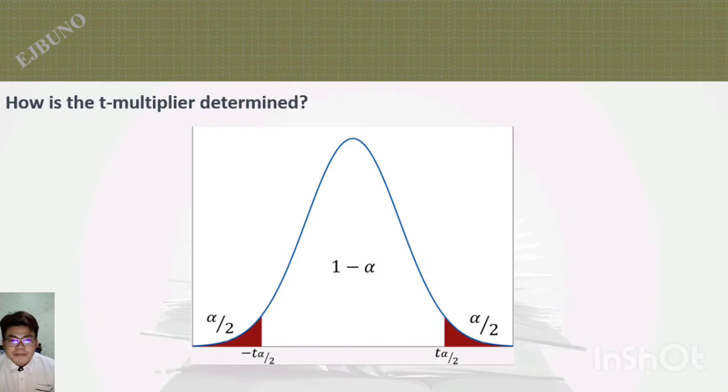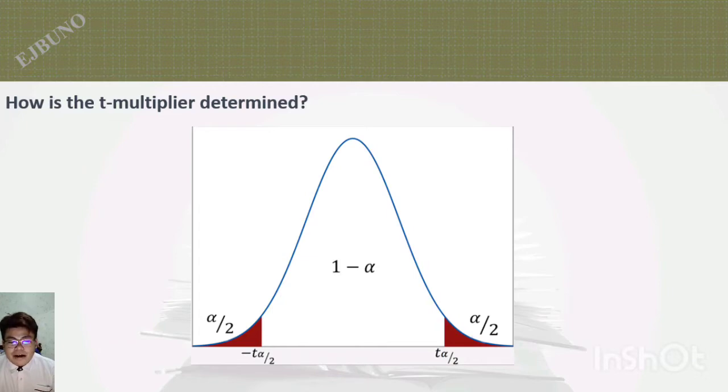How is the t multiplier determined? As the following graph illustrates, we put the confidence level 1 minus alpha in the center of the t distribution. Since the entire probability represented by the curve must equal 1, a probability of alpha must be shared equally among the two tails of the distribution. That is, the probability of the left tail is alpha over 2, and the probability of the right tail is also alpha over 2.